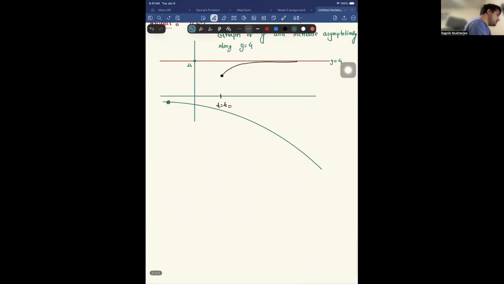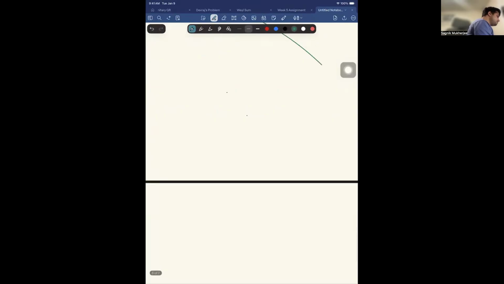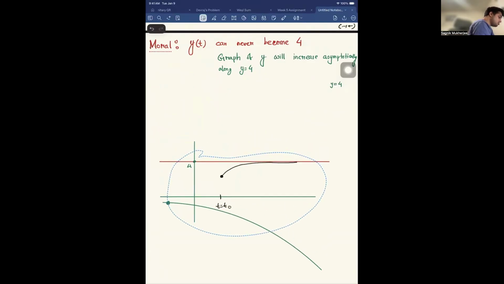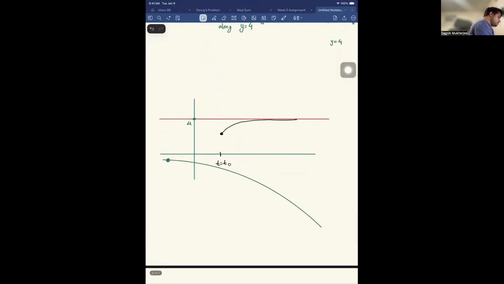Okay, so let me be more precise. I have 3 different solution curves.